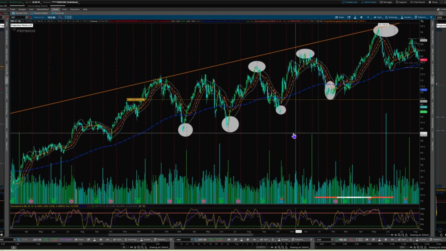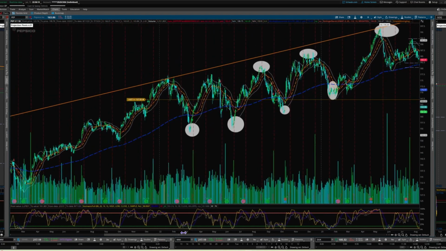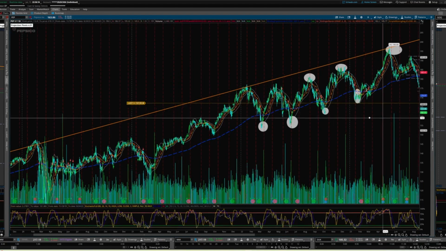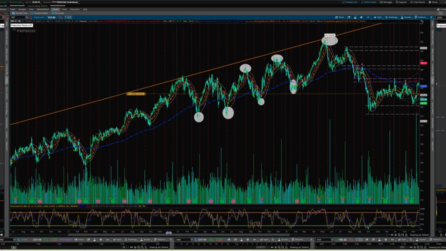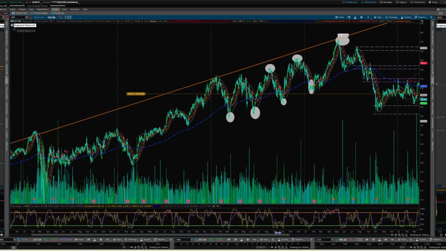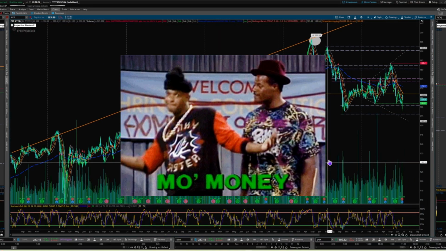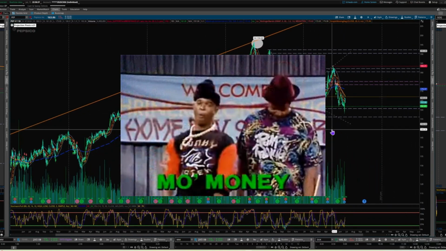That's the goal. So understand primary trends, major trends, buy the dips, get on the same side as the money. That way your money turns into more money and more money and more money.